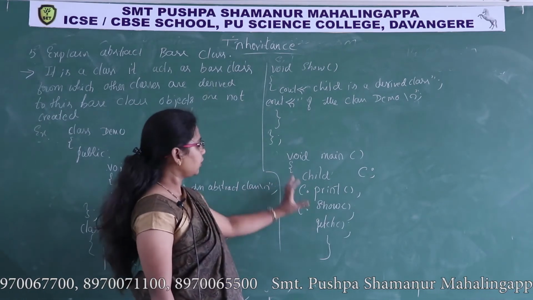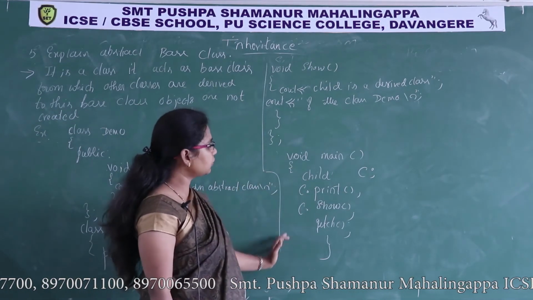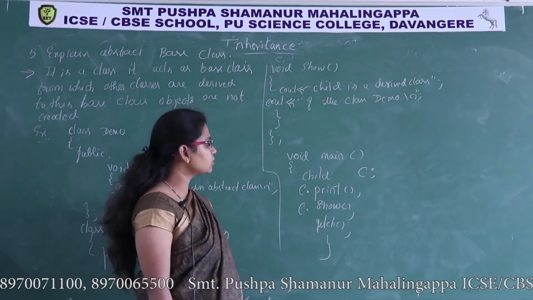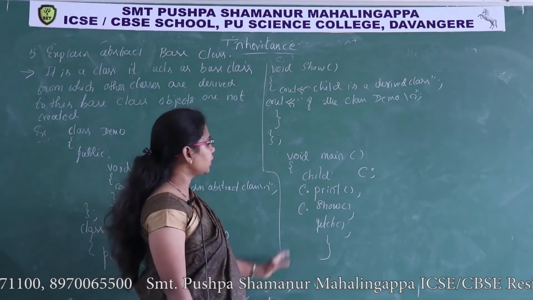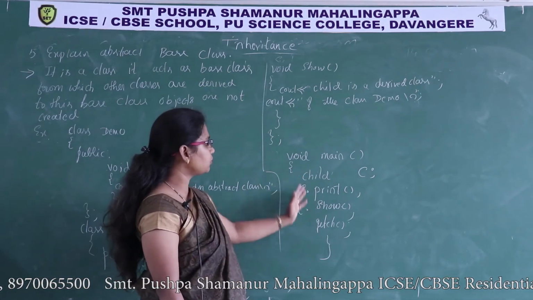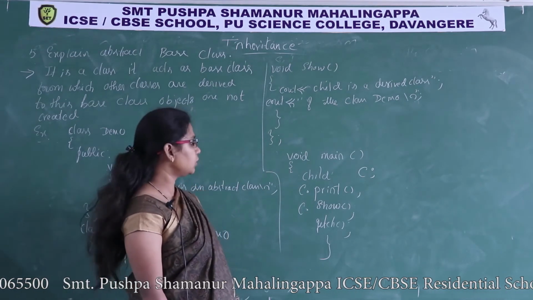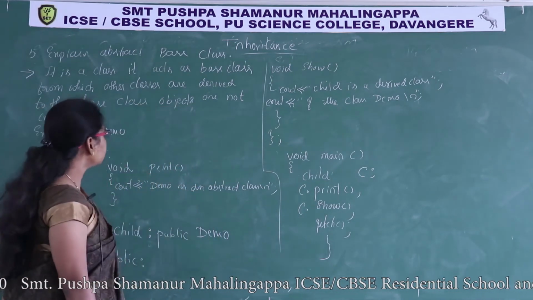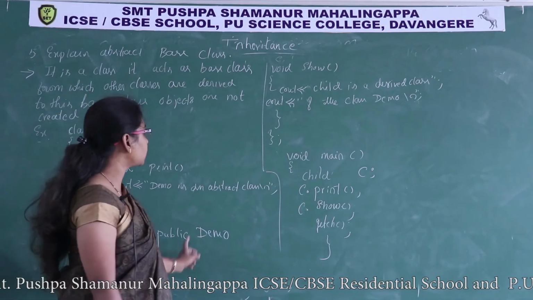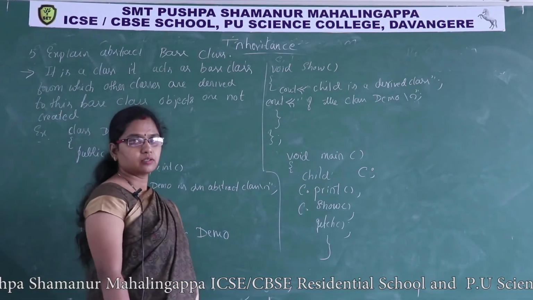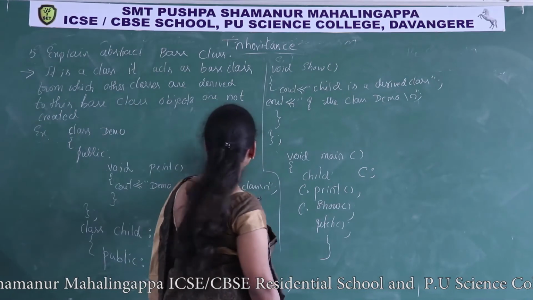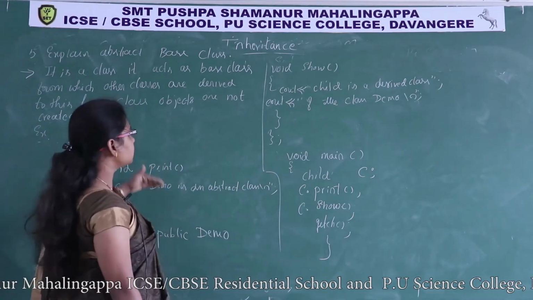So when you see superficially, we conclude that these two functions belong to child class because we accessed these two functions through the object of child class. But actual thing is, print belongs to the class demo and show belongs to class child. If you go further in detail, you come to know there is a base class.